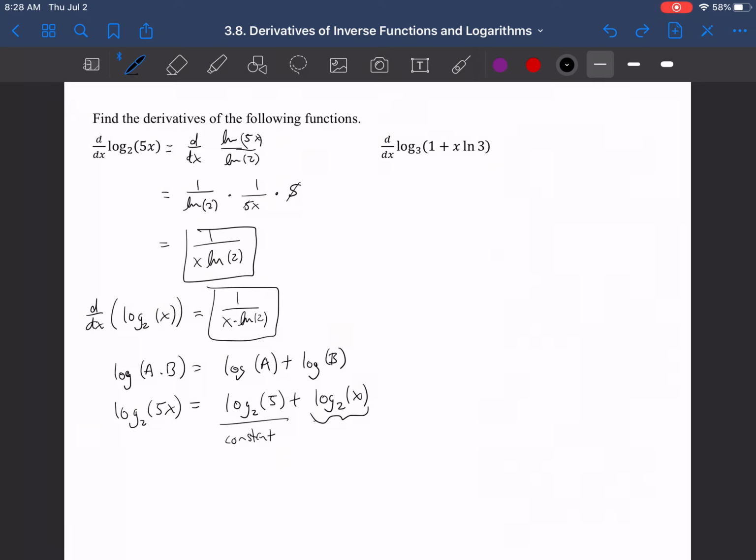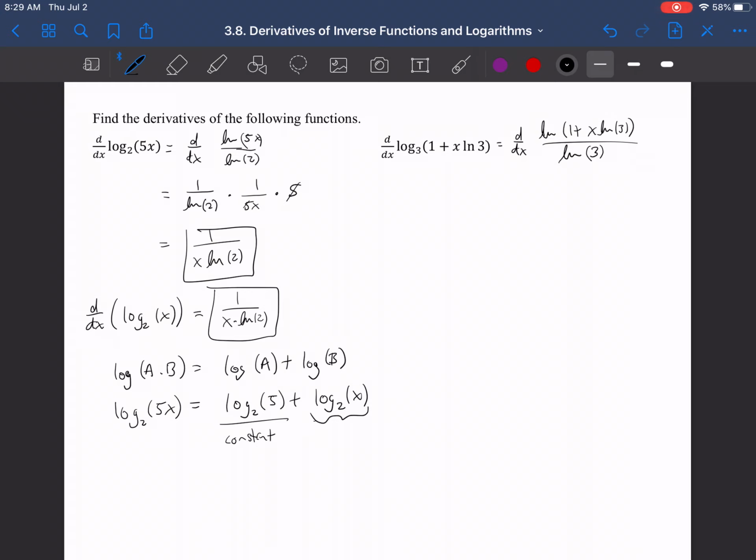So let's see here. No, I'm going to do this one and I'll leave the next ones for you to try. Let's do log base 3 of 1 plus x, ln x. We can do substitution here, or we can just do derivative of outer times derivative of inner. This can become the derivative of natural log of 1 plus x ln of 3 over ln of 3.